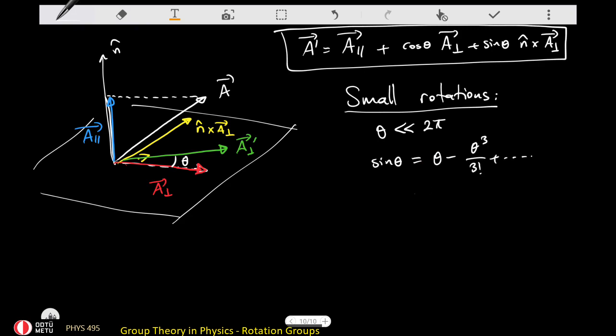There's this exact expression in here, but I'll just expand everything to order theta squared. So as a result, we get this: sine theta should be replaced with theta. What about cosine theta? This should be replaced by 1 minus theta squared over 2, and higher order terms we just forget about.